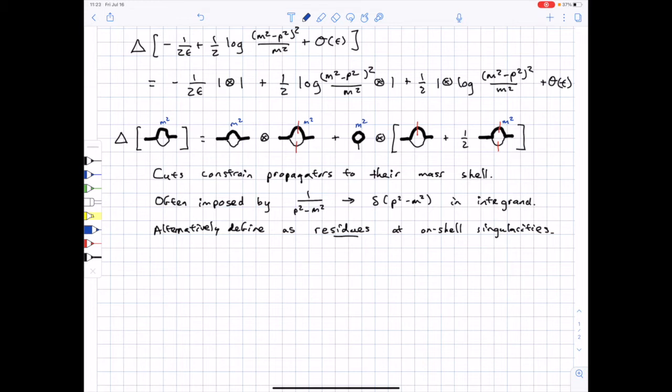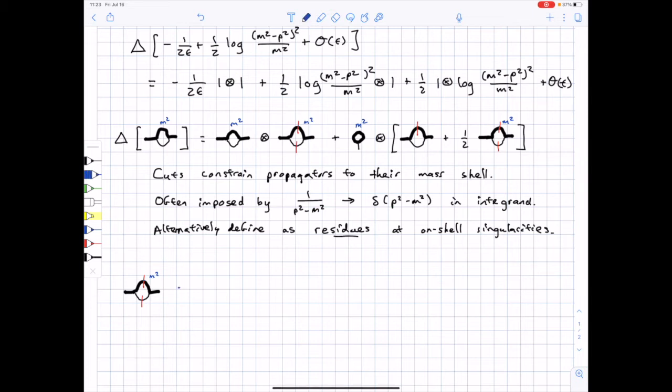So let me just show what this right-hand side is going to look like in terms of its multiple polylog expansion. I'm not yet deriving it here, but let me just give you the answers and you can think about how you might check them. So this here is the double cut of the bubble.